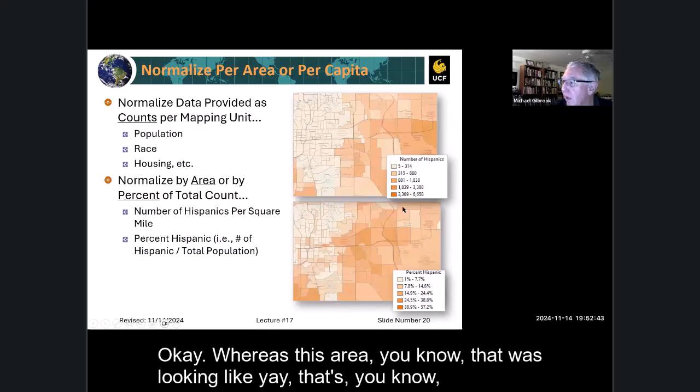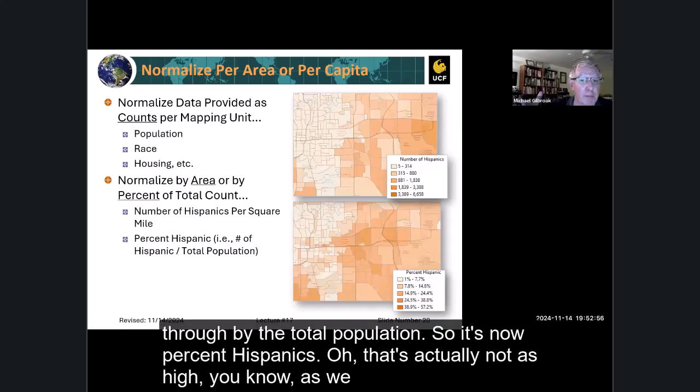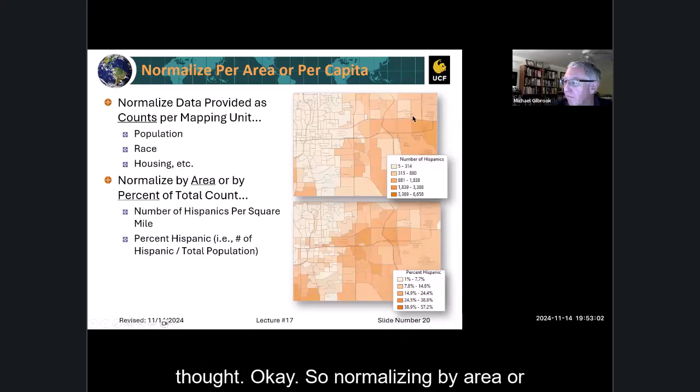Whereas this area, that was looking really, really high in terms of the numbers of Hispanics, if you look at it as a proportion, the number of Hispanics divided by the total population, so it's now percent Hispanics, that's actually not as high as we thought.